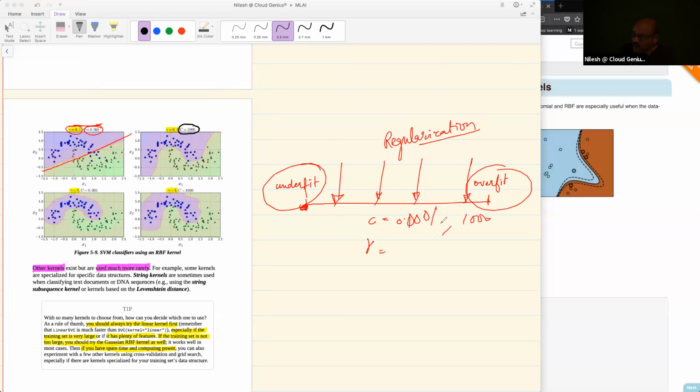When you want to regularize, you want to go either this direction or this direction. You want to adjust your hyperparameters of the underlying algorithm to get the right balance. It is always, at the end of the day, a delicate balance between what you want and what data you have that you're dealing with. That's the concept of regularization.